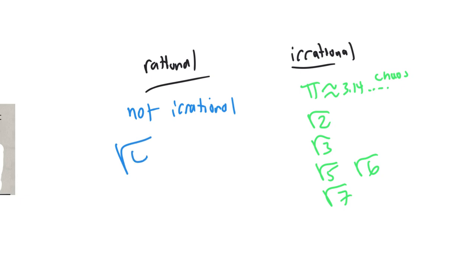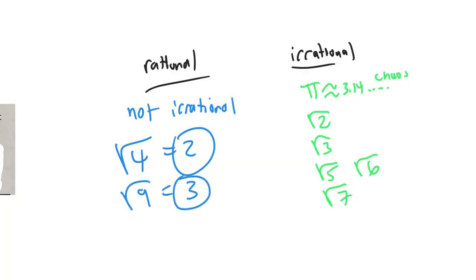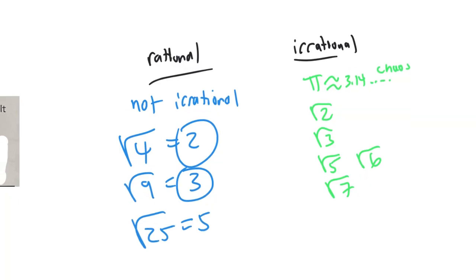Even a square root of 4 is just 2, right? And that's a nice number. That doesn't have a decimal that goes on forever. So anytime you take the square root of a perfect square, then it's going to be rational because these always give you nice numbers, right? 25, that's rational.